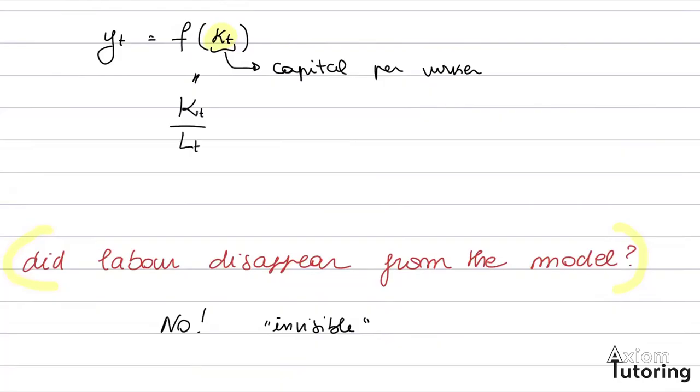So it's not that we write our output per worker equation in this way because we don't want to include labor anymore. We are still including labor, just in a different way. We are absorbing it in this single variable.